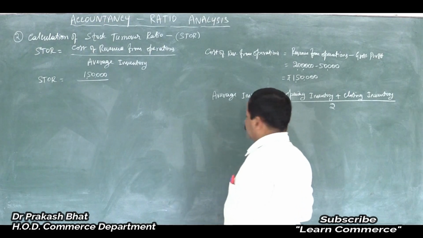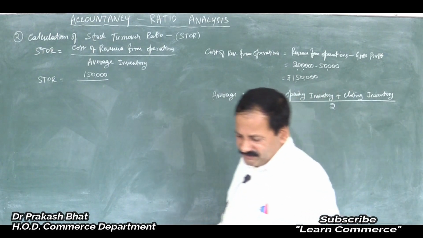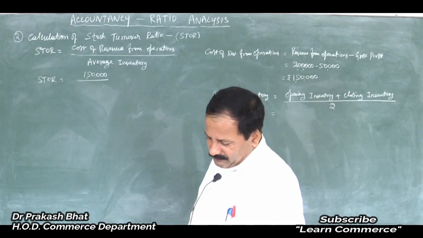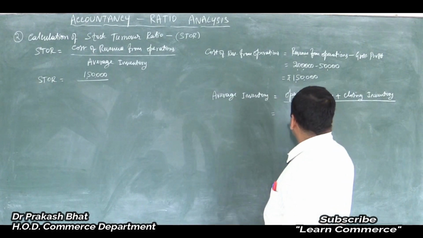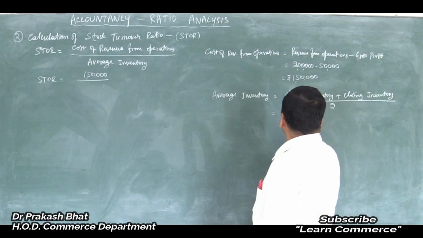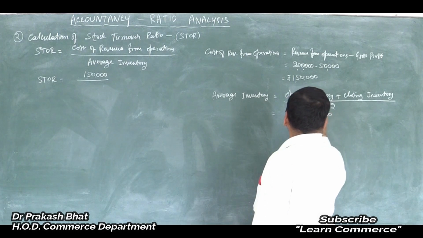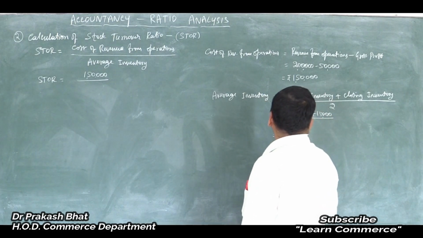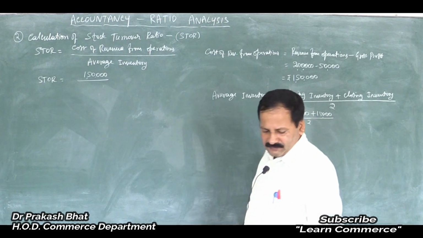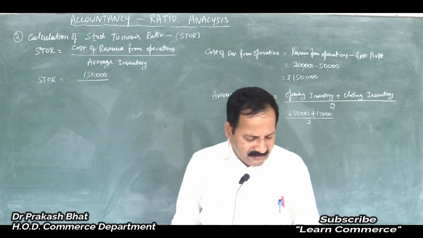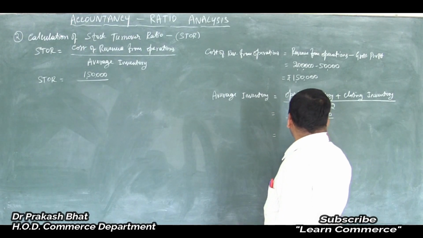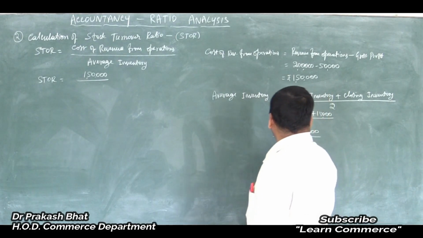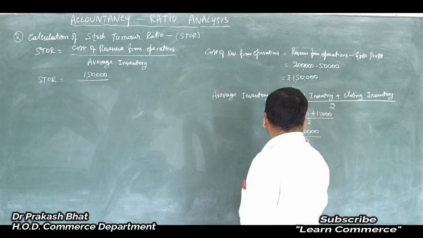Opening and closing are given, right? 65 plus 15 divided by 2 is equal to 80,000. Is that correct? Yes, 80,000 divided by 2 is equal to rupees 40,000.